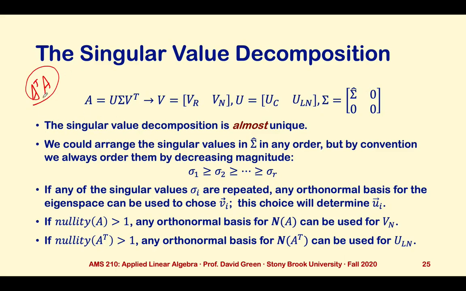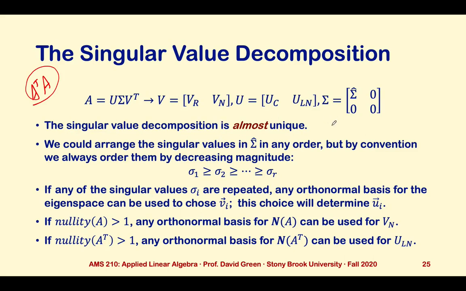We can find the vectors of V by finding the eigenvectors associated with those eigenvalues. And we can find the columns of U by scaling those vectors in the right way and multiplying by A.